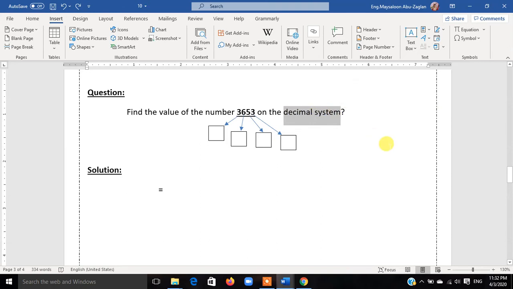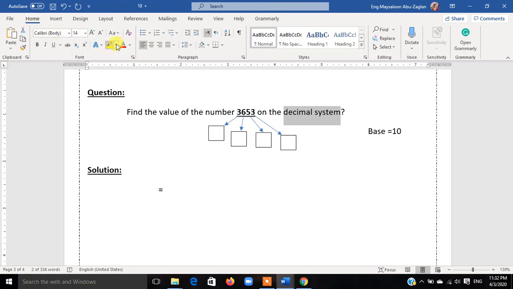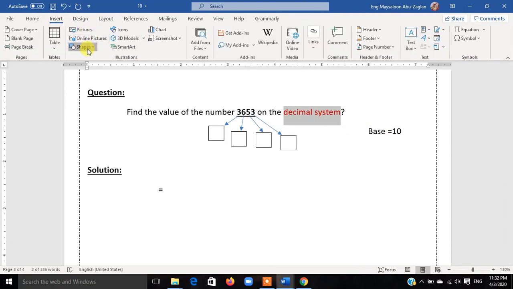Using the decimal system. This indicates that the base we are going to use is equal to 10. Why? Because we are talking about a decimal number, so we are going to use base 10.